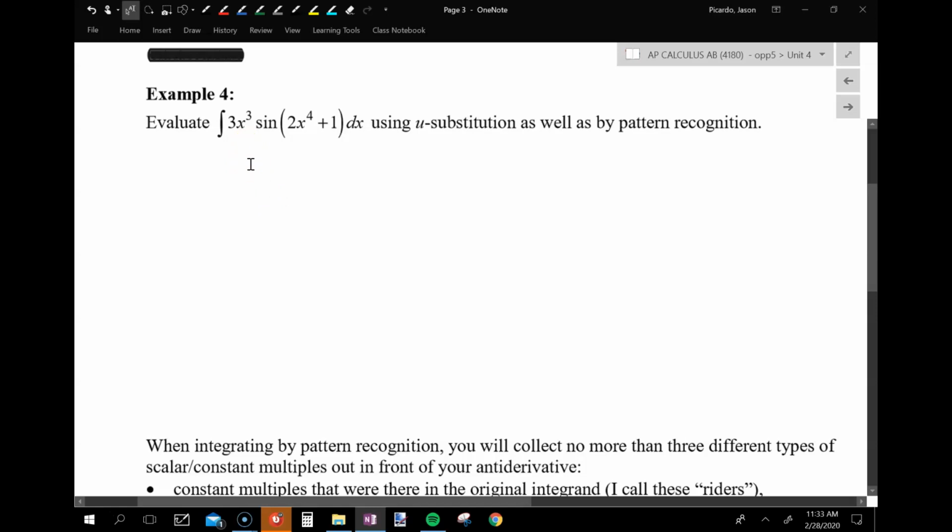But for now, what do you guys know I can do with this 3? It's a constant multiplier, right? It's a constant multiplier. So let's put that in front. Let's at least do that much.